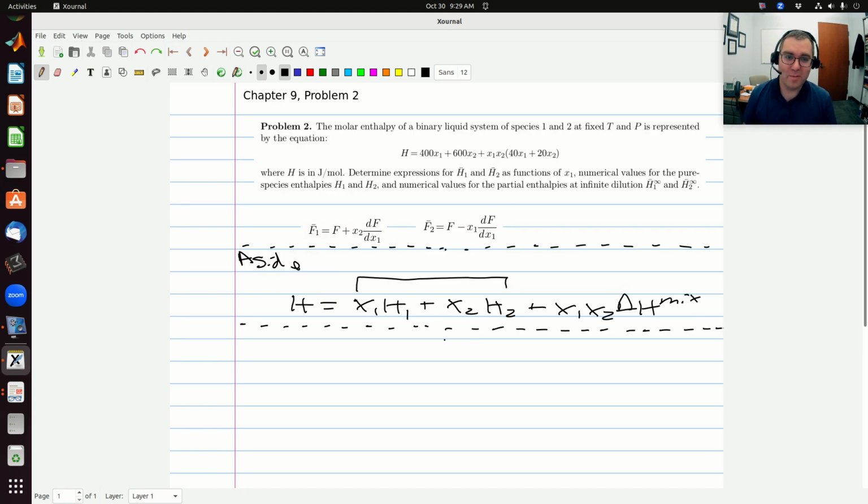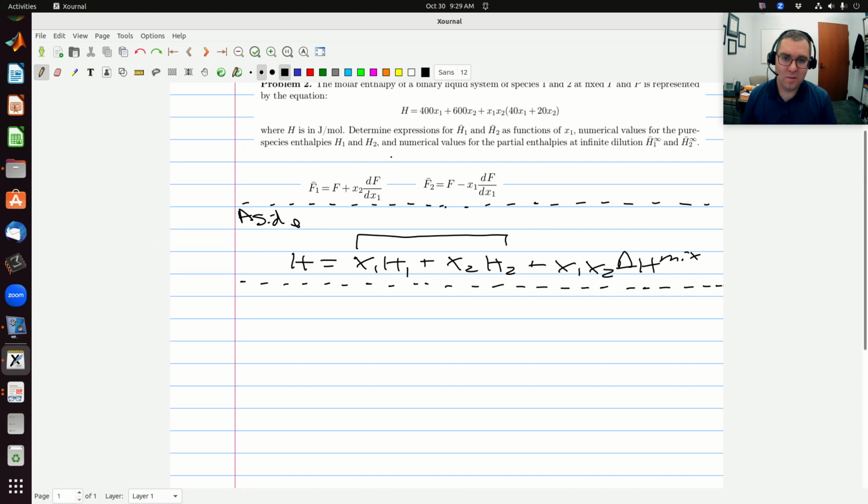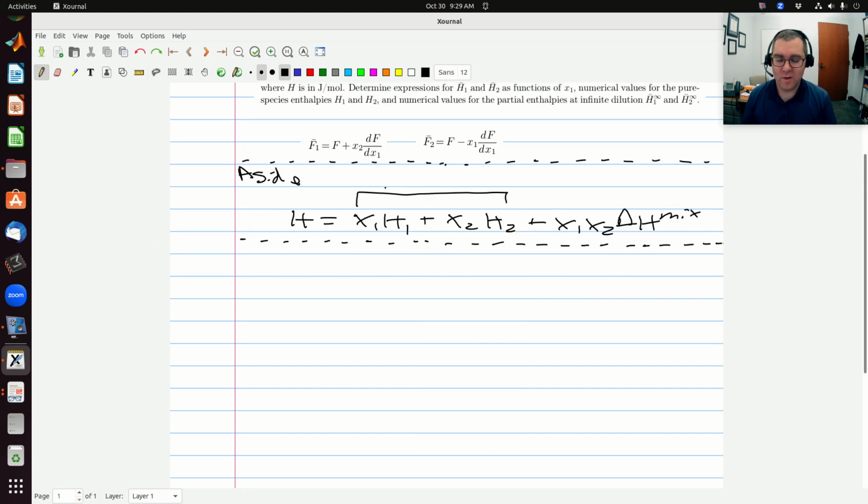We're going to come back to this problem. So we're asked to get expressions for h bar 1 and h bar 2, and then expressions for pure h1 and pure h2. Let me get h1 and h2 first, just because it's here.